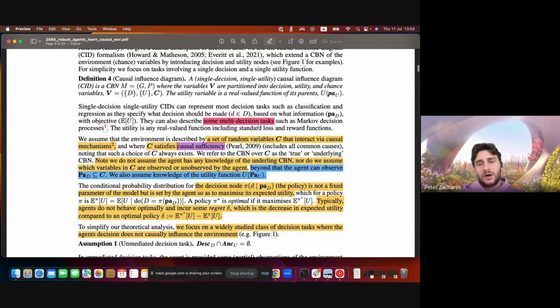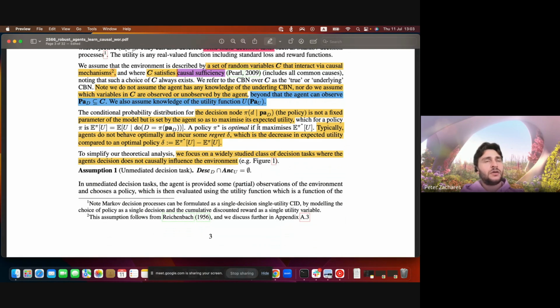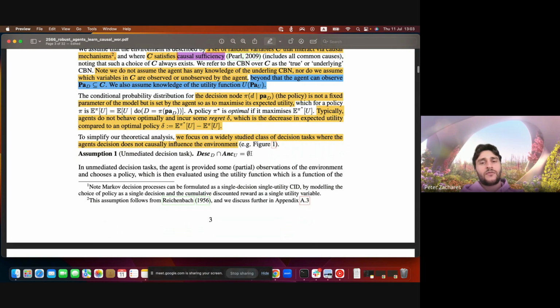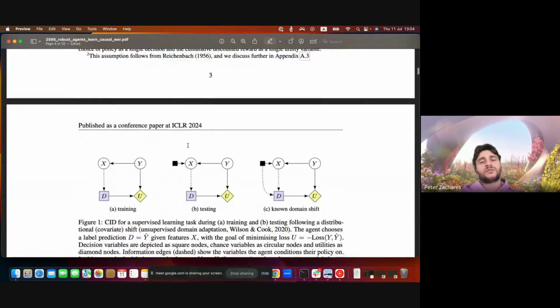But before I talk about policies, Arvid, I think you were asking something along these lines: does the agent interact with the world? For all of these results, in this unmediated decision task, the decision that the agent makes doesn't affect the world. All of these results are for the case where the decision you make doesn't affect any of the causal variables in the model.